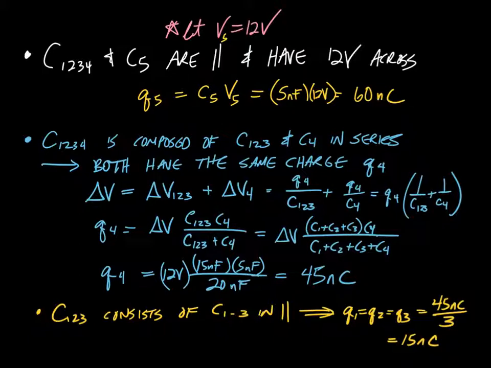All right? And since there's multiple branches, we're going to have multiple current flows, which means multiple charges. But certain places will have a common charge, and other places will have an uncommon charge, if you will.